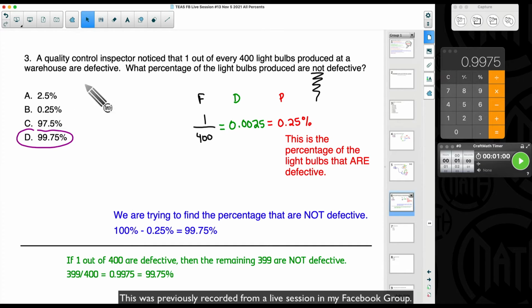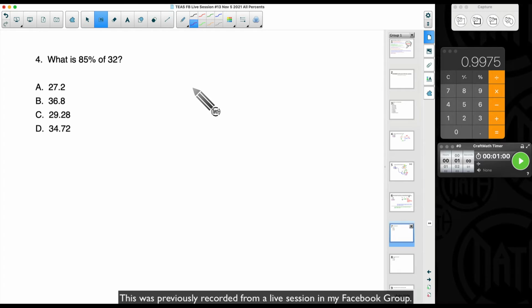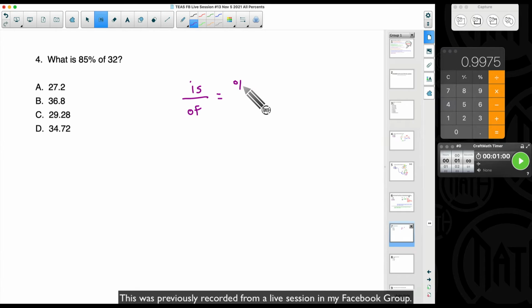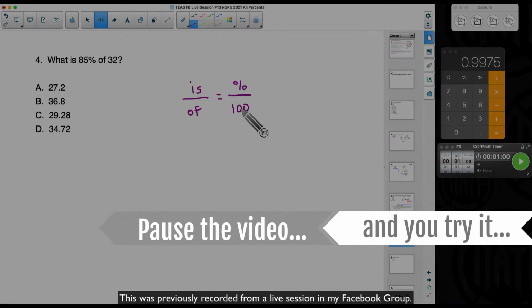All right, so we're good here with number 3. Now we're going to start doing some is over of. I'm going to go ahead and write the formula down for you because anytime you run across a problem like this where you have the word is, you have the word of, and you're trying to find a percent or you're given a percent, you can use this formula. Is over of equals percent over 100.